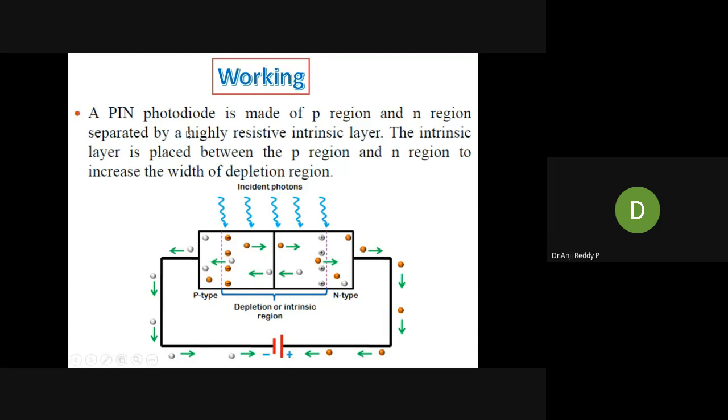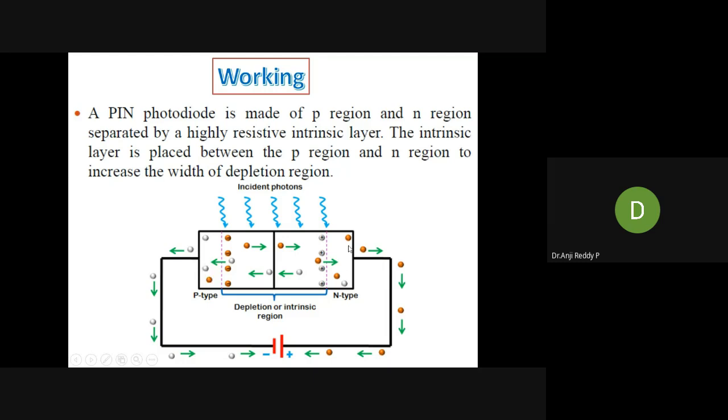A PIN photodiode is made of a P region and an N region separated by a highly resistive intrinsic layer. This is the highly resistive intrinsic layer. Here the orange balls are electrons and the white balls are holes. This is the P type, where the majority carriers are holes, the white balls.